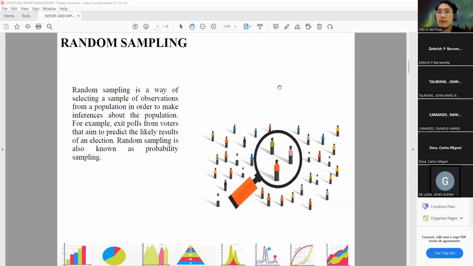So that's why we need to do random sampling. Regardless of any circumstances, we want to make sure that the result of our sample will most likely be reflected to the whole population.